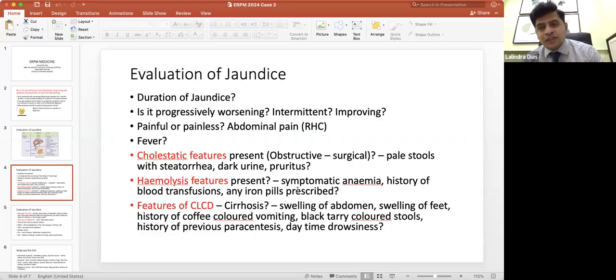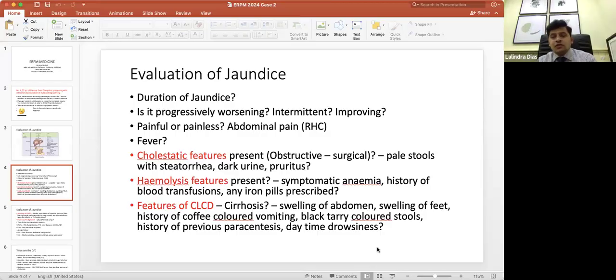Then ask for hemolytic features, which I already told you. Ask for symptomatic anemia, history of blood transfusions, any iron pills already prescribed. Then ask for features of cirrhosis, chronic liver cell disease. So you ask for swelling of abdomen, that is ascites, as I told you, swelling of feet, ankle edema, history of coffee-colored vomiting, that is hematemesis, history of melena, black tarry-colored stools.